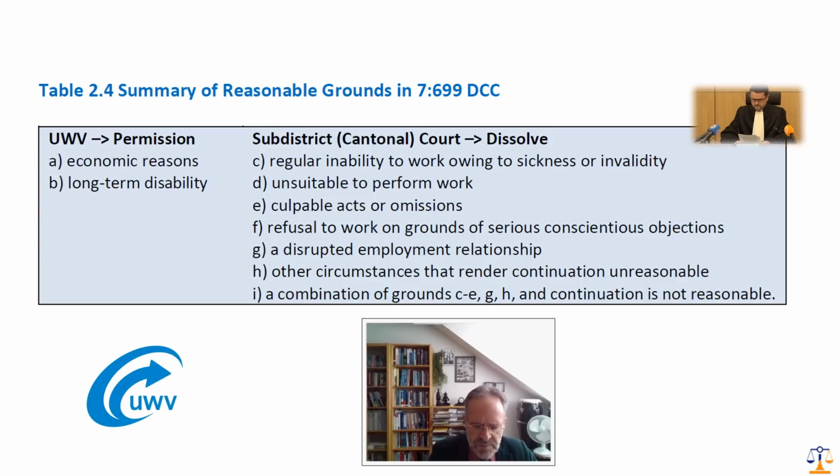The transition compensation is also linked to setting aside by the court, and also to an employee that consents to the employer terminating the employment contract by notification. Please read chapter 2 for the details, because the system is rather complicated.